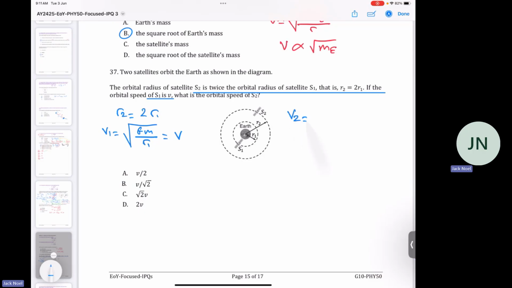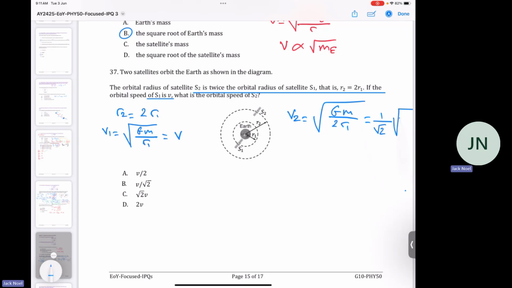V2 equals square root of GM. Actually, the satellite's mass is not changing. It's the same. Both are identical satellites. So GM over, the only thing which changes is R. So R2 is 2R1, so you can write 2R1. Now I can see here that 2 is at the denominator, so if you take it out, you should take it out as 1 over square root of 2.